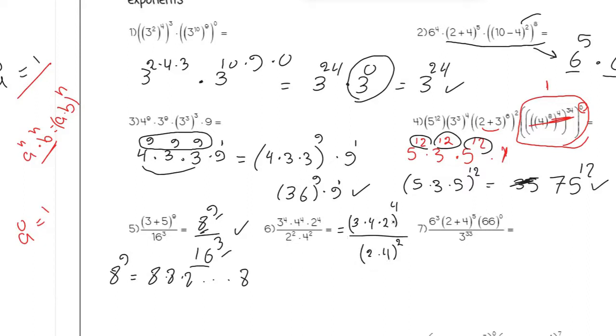Then 3 times 4, 12, 12 times 2, 24, to the power of 4, and here 2 times 4, it's 8 to the power of 2.